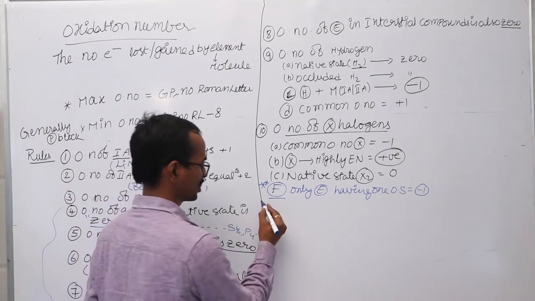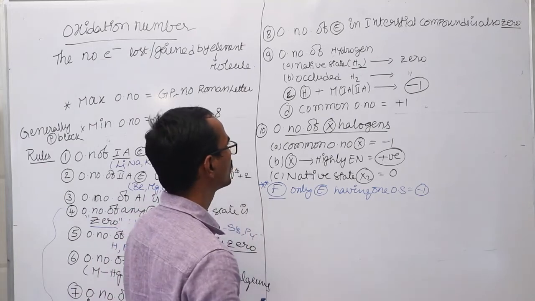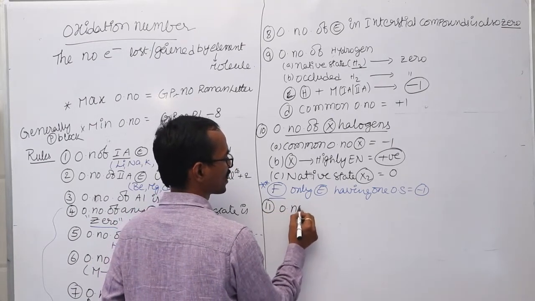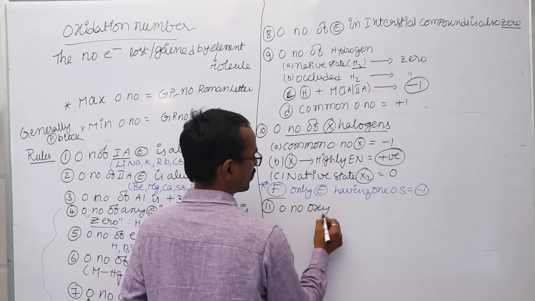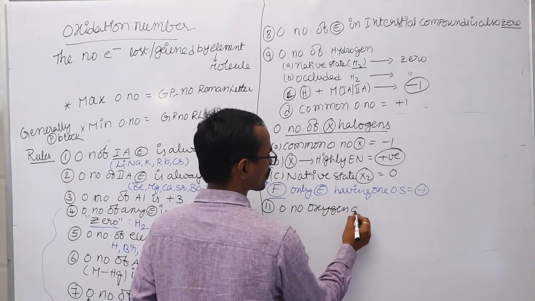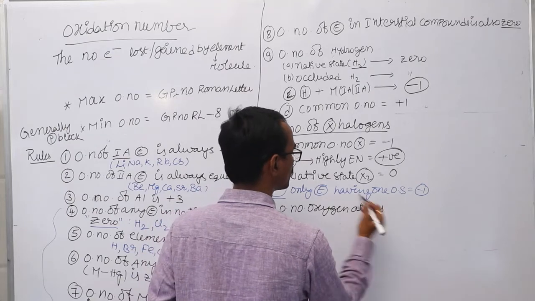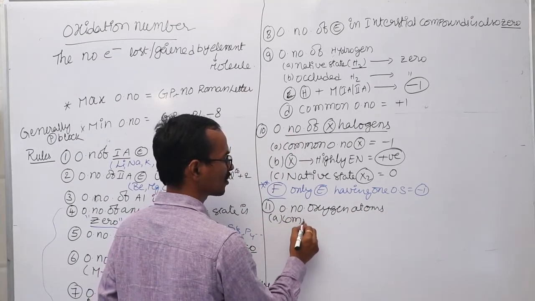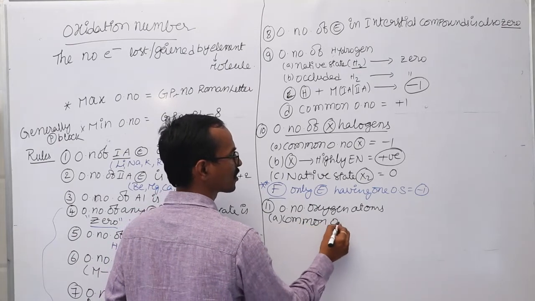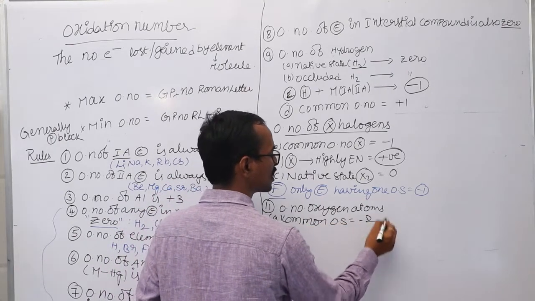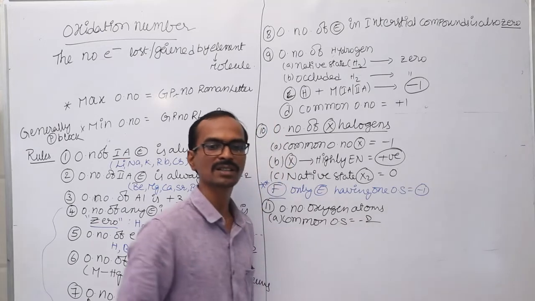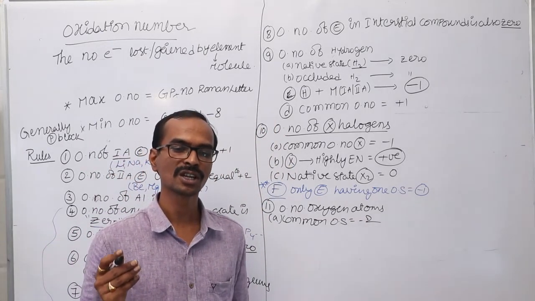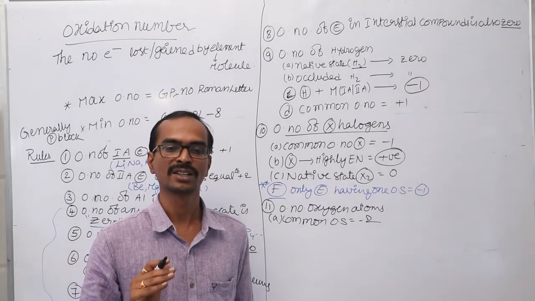Next point, what you have to remember is the oxidation number of oxygen atoms. Generally, the common oxidation state of oxygen is -2. What is the common oxidation state of oxygen? The common oxidation state of oxygen is -2.